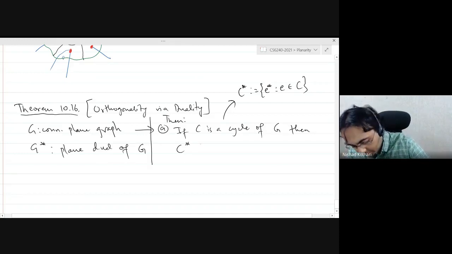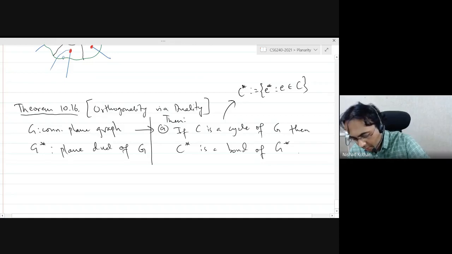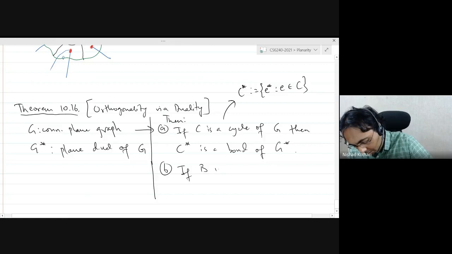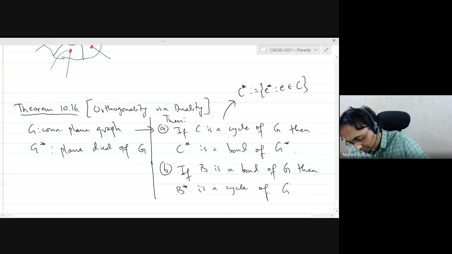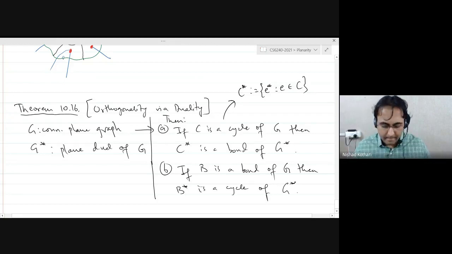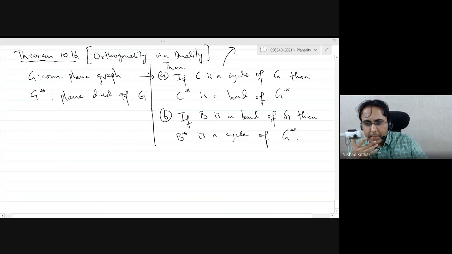Okay, then C star is a bond of the dual. Okay, and secondly, if B is a bond of G, then B star, defined the same way as we define C star, is a cycle of the dual plane graph. Okay, good.